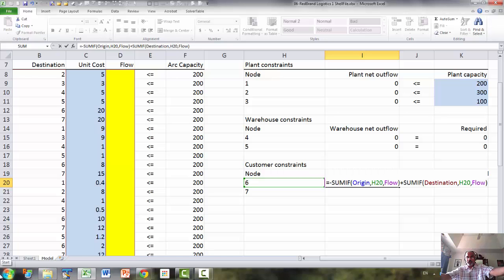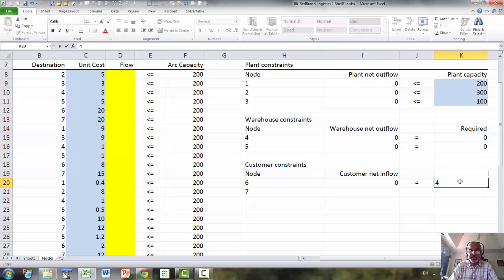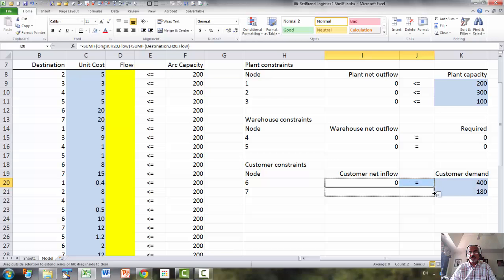That stays right at the destination, and that should be equal to the demand, and the demands for the two destination points are given as 400 and 180. These two are input values, so let's color code it like that, and we copy this.